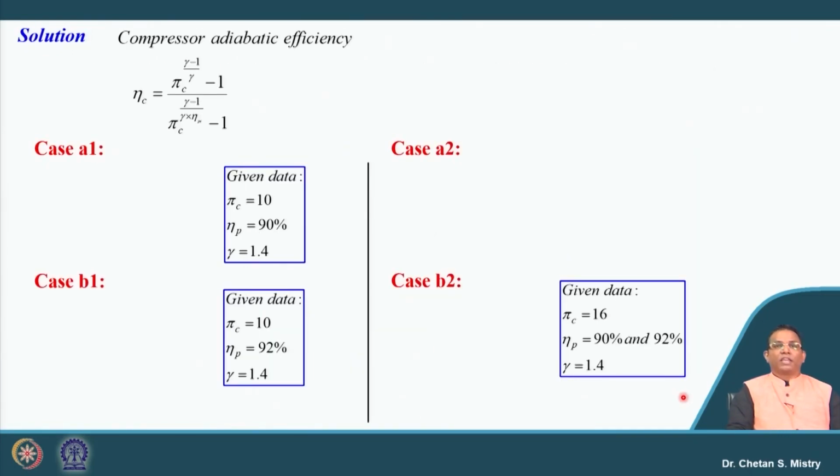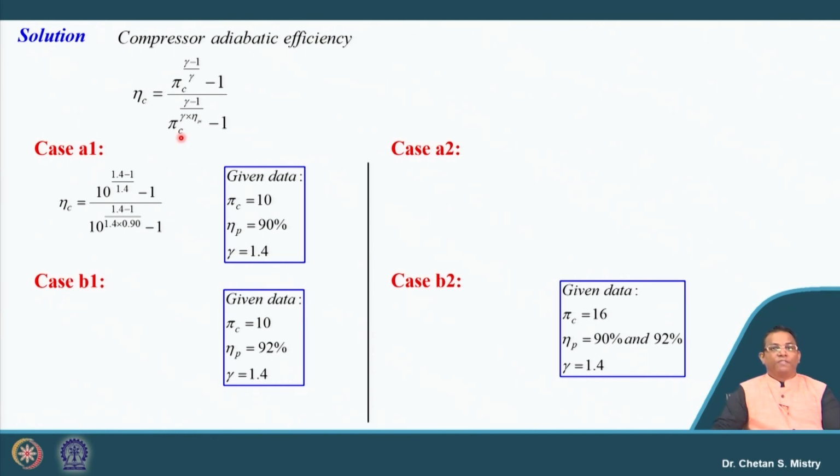We are given the information that my compression ratio is 10 and polytropic efficiency is, say, 90%. Our compressor efficiency is given in terms of pressure ratio and polytropic efficiency. With the given data, let us put in these numbers.